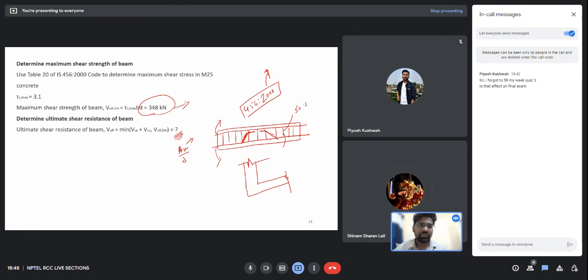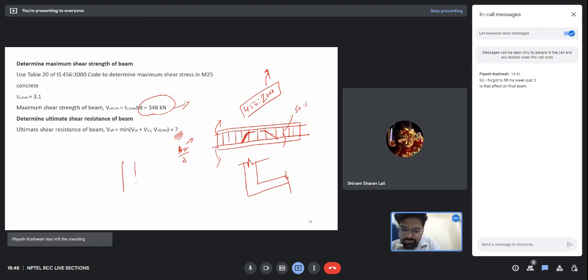AV by D is like, let's draw this here only. So suppose this is our beam. What you are saying AV is what? Just tell me, what is AV?